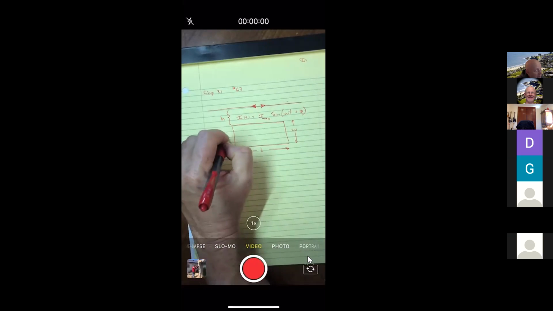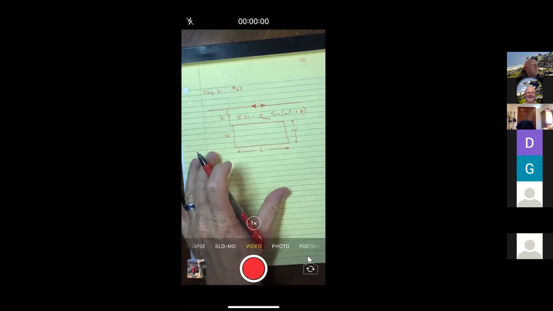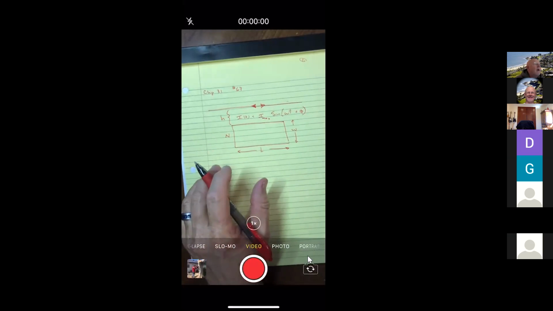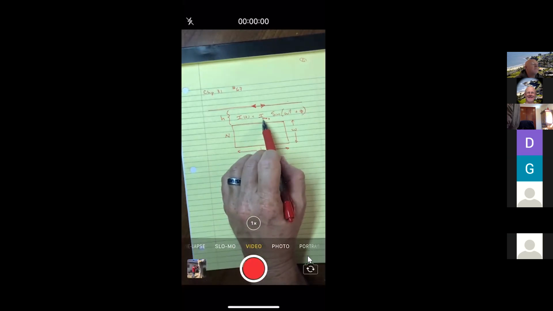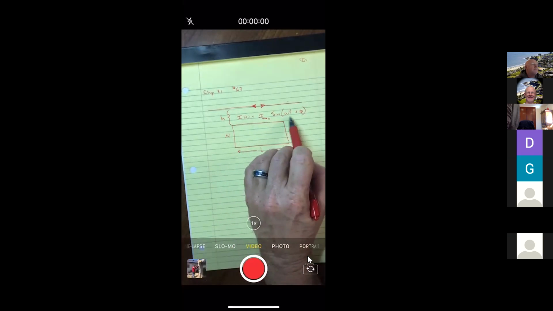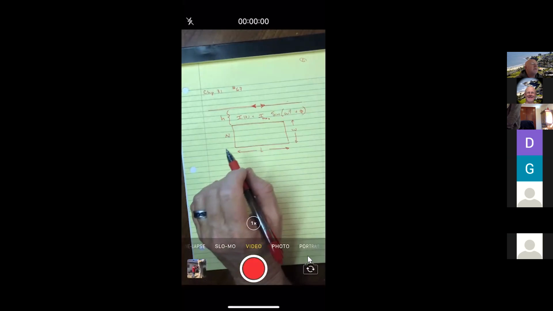And they say there are n turns. I'm going to put a little n in my diagram. Let me just read it again. The wire lies in the plane of the rectangular coil of n turns, as shown in figure P31.8. The quantities I max, omega, phi are all constants.